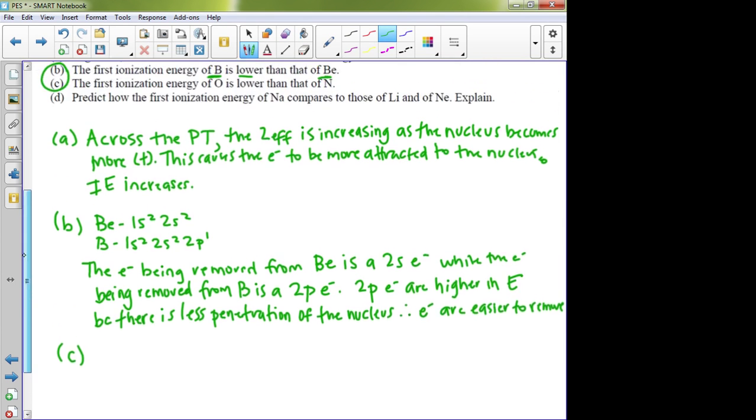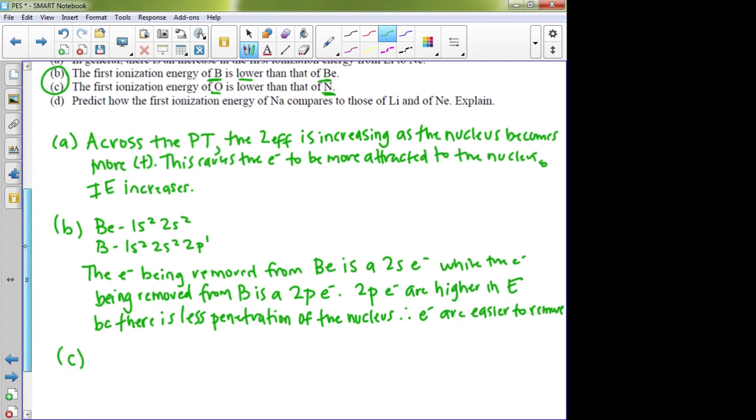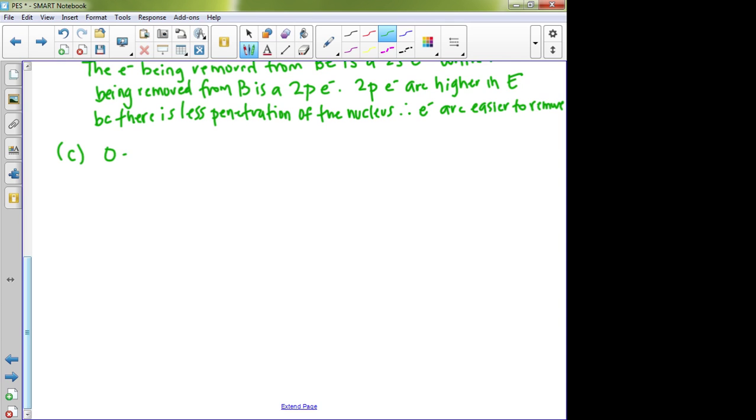All right, let's go to C. The first ionization energy of oxygen is lower than that of nitrogen. So even though oxygen's effective nuclear charge is greater, it still has a lower ionization energy. The first thing I would do, off to the side somewhere, is write out the electron configuration so hopefully I could understand what was going on.